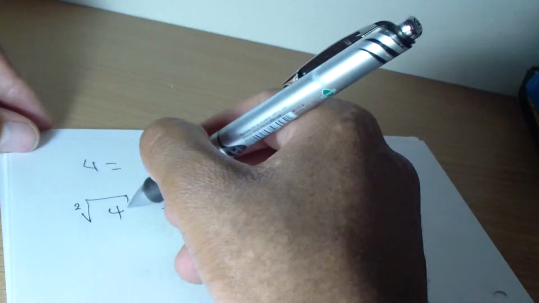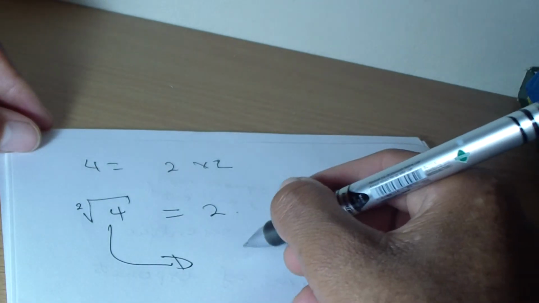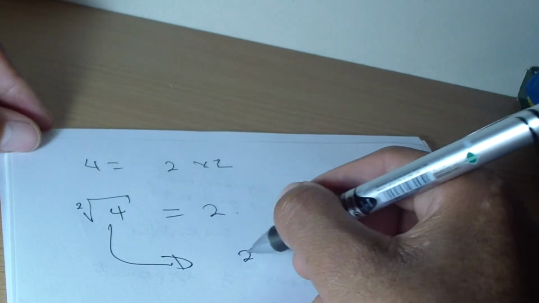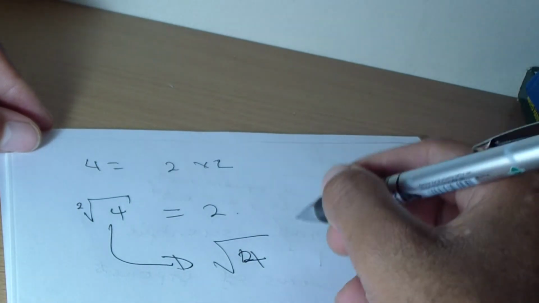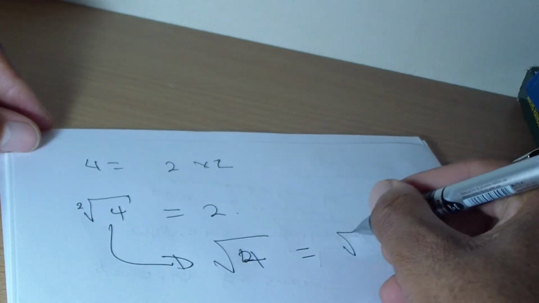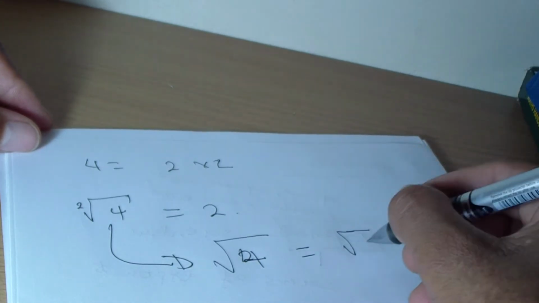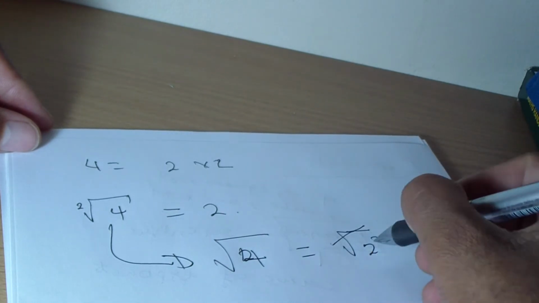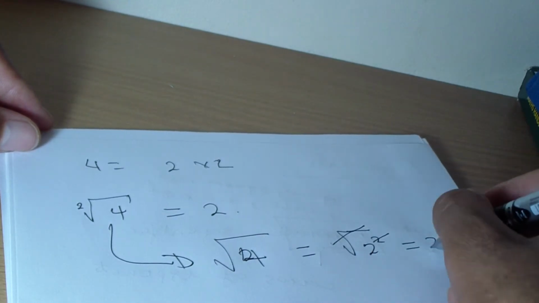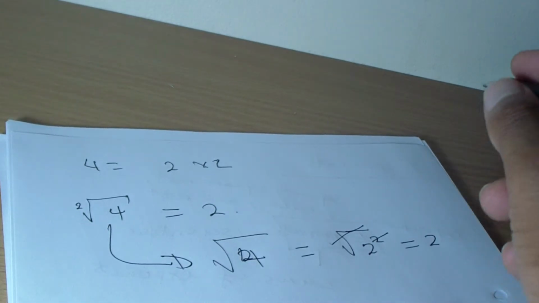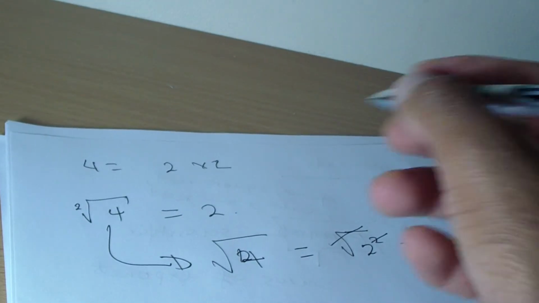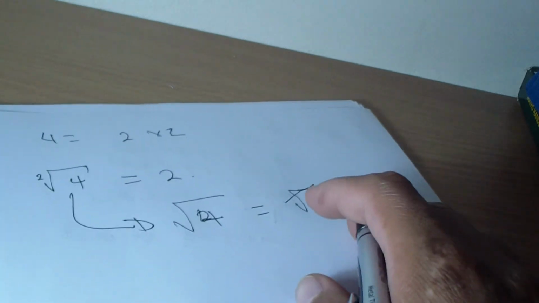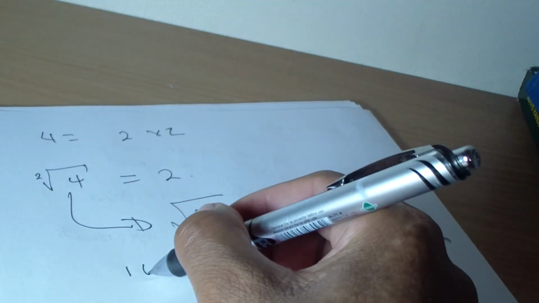We know that we can rewrite this as the square root of 4 is the same thing as the square root of 2 to the power 2. Now we know that the square root and the 2 are going to cancel and we end up having the 2 there. So it's very simple. We can do the same thing with 16.